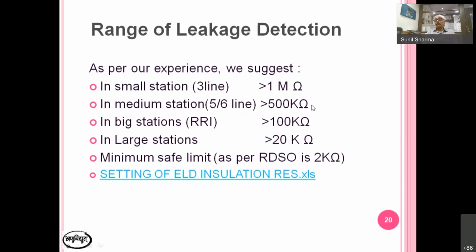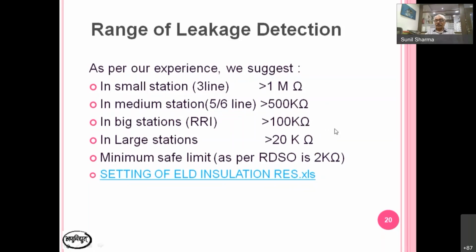Medium station, where there are 5 to 6 lines. It sometimes varies to 1 meg, but in most cases we have found 10 meg and above. But in the rainy season, it will gradually go down to 500 kilo. It should not be below 500 kilo; it is very dangerous in this type of station.